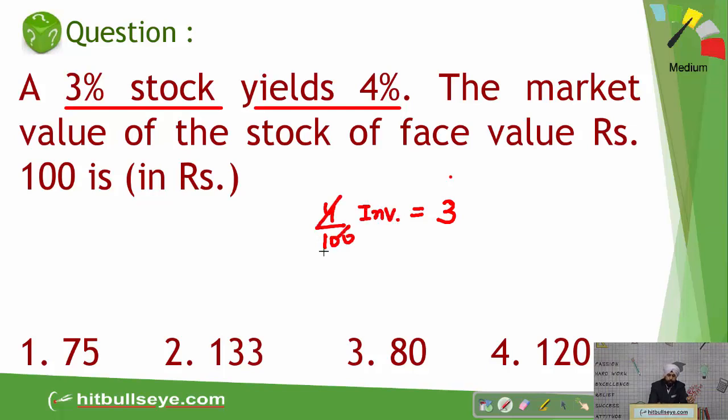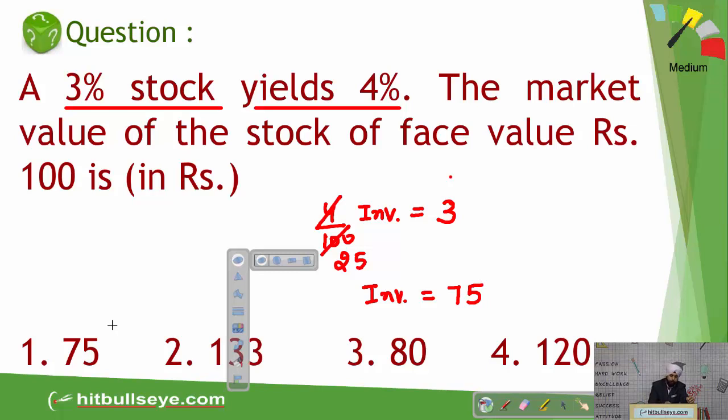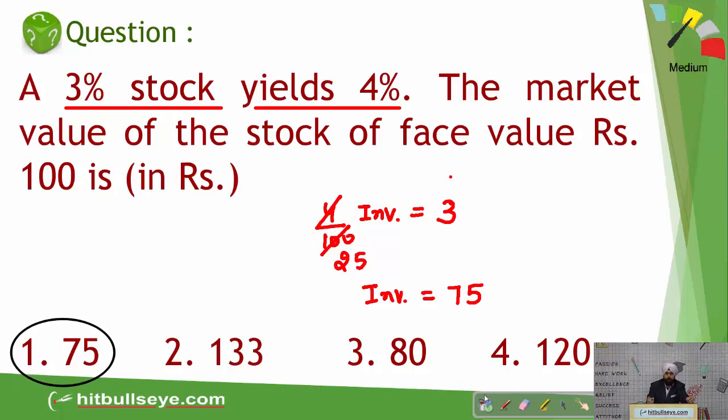Now from that you can calculate. Investment comes out to be 25 into 3, that is 75. This means the market price of the share happens to be rupees 75.